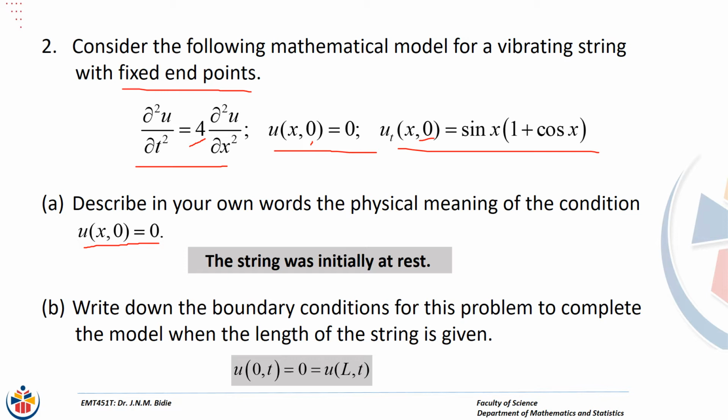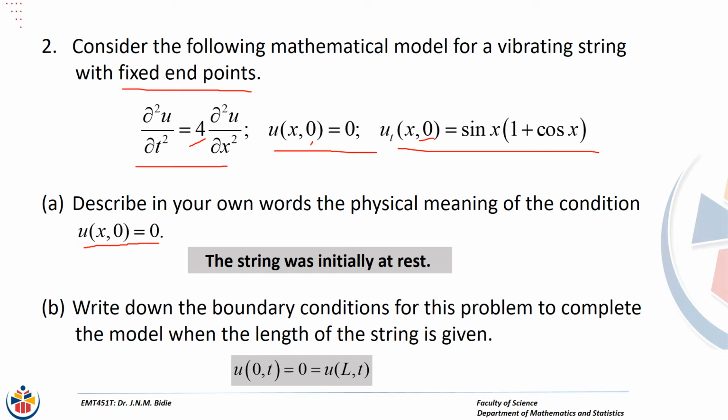They both mean the same thing. Remember, u of xt is the displacement. So initial displacement of the string is equal to 0, or the string was initially at rest.